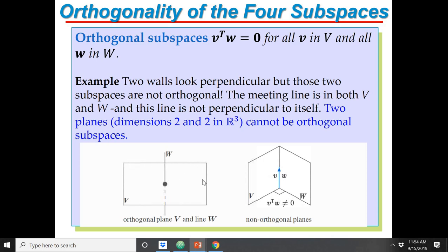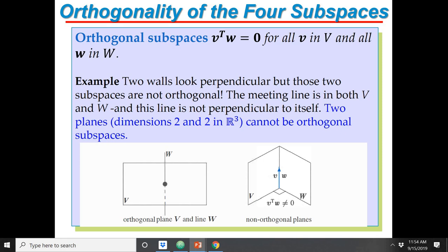The plane is of dimensionality 2, so 2 plus 1 equals 3. That's nice. And immediately you can see that if you take any vector in W, it is orthogonal to any vector in the space V.